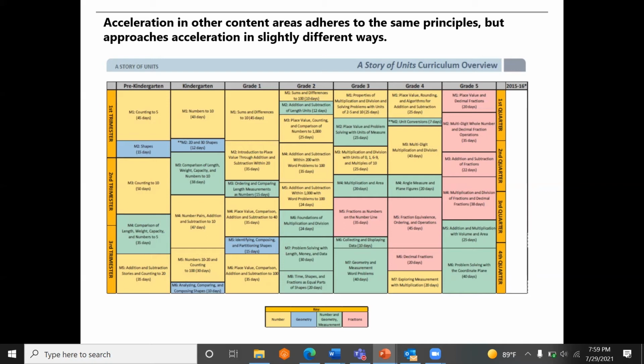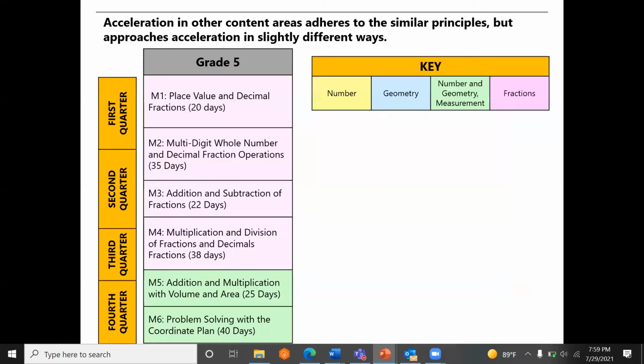The example that you see here is taken from a high quality math curriculum, Eureka Math. So as we look closely at this projected pacing guide, that's also similar to Eureka Math, we're able to see the exact amount of time that is invested in each of the major work of the grade focus domains for grade 5.